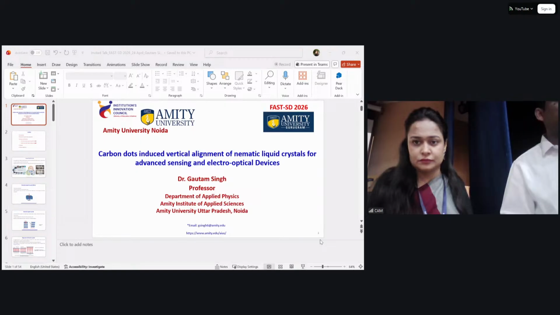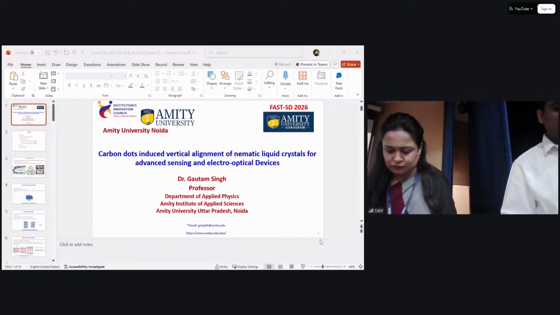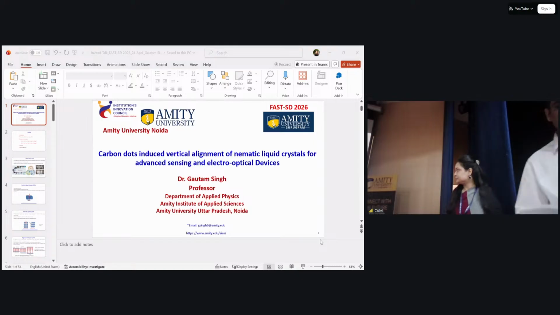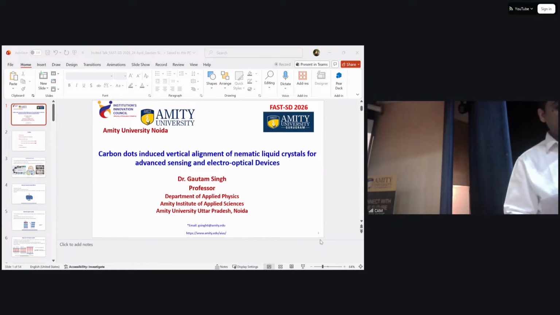Professor Singh earned his PhD from IIT Delhi in 2011 and went on to complete his postdoctoral research at Kent State University, Ohio from 2011 to 2016, one of the premier centers for liquid crystal research in the world. He was also recognized as a young Indian researcher by the Università Politecnica delle Marche, Ancona, Italy in 2008. His research interests span soft materials, liquid crystals, polymers, nanomaterials, nanocomposites, synchrotron X-ray scattering, and photonics.